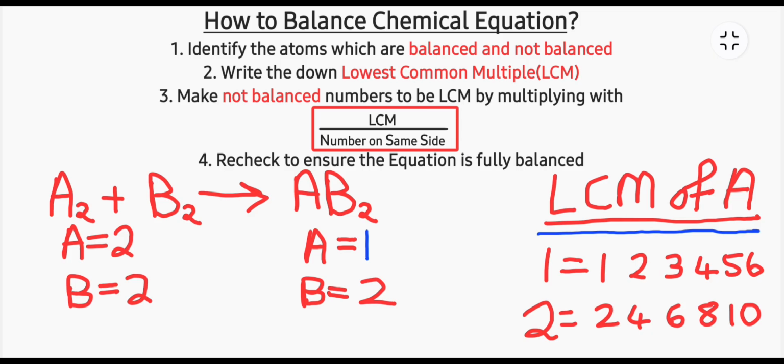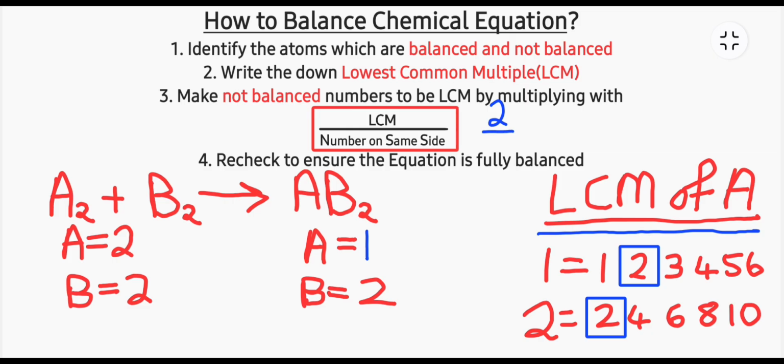So what is the lowest common multiple there? It will be 2. So if 2 is my lowest common multiple, I will then take it to number 3, where I make not balanced numbers balanced by multiplying with the LCM over the number on the same side.